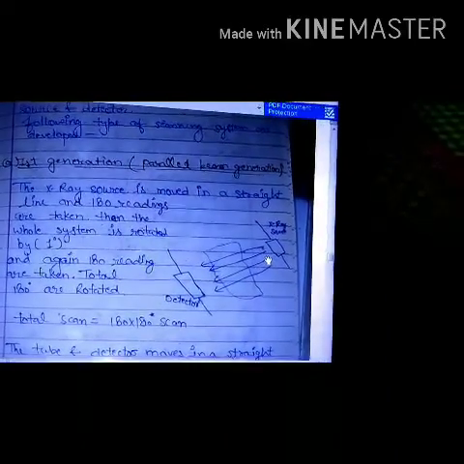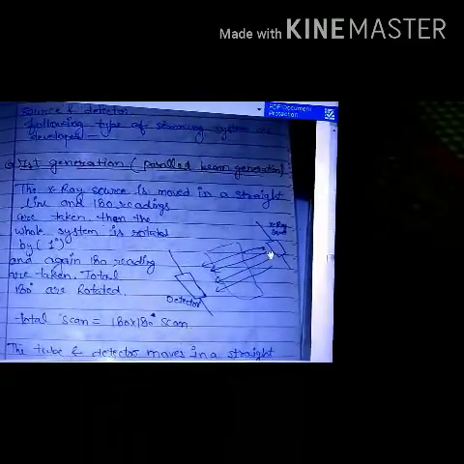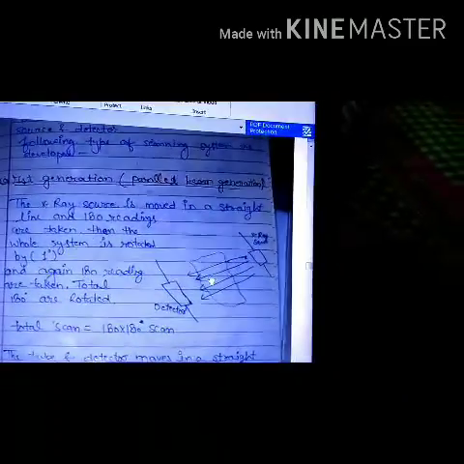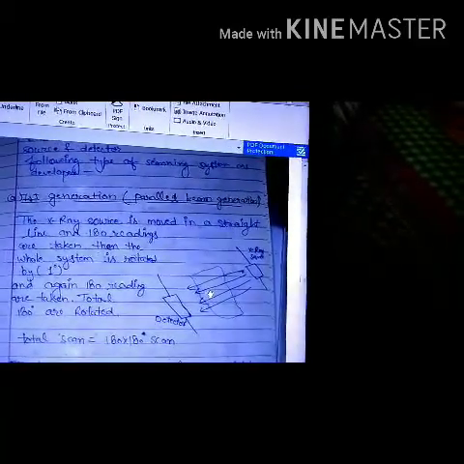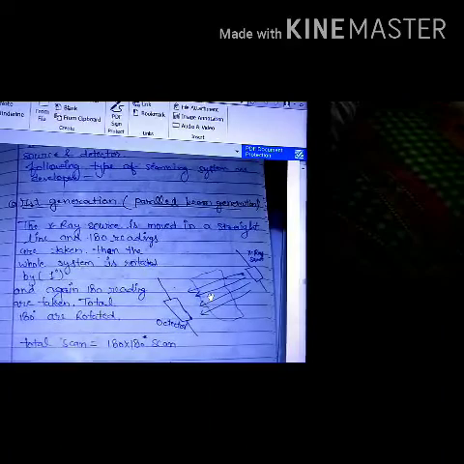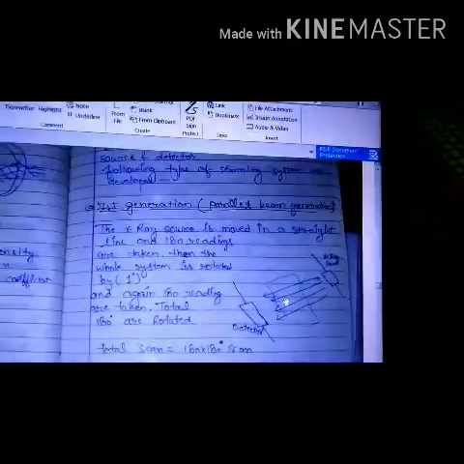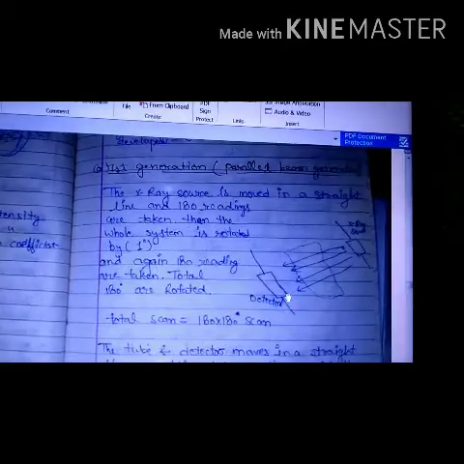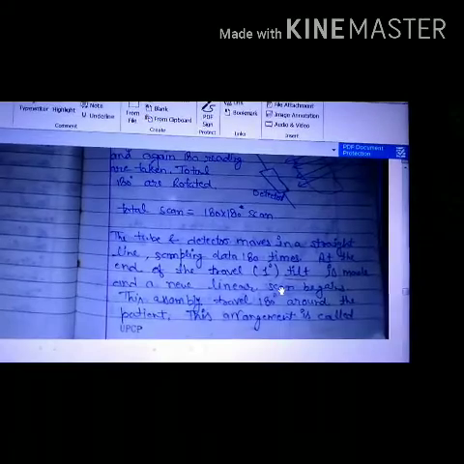Then the system was rotated by 1 degree and again 180 readings were taken, and so on. We made a complete semicircle and we took 180 readings in each degree.